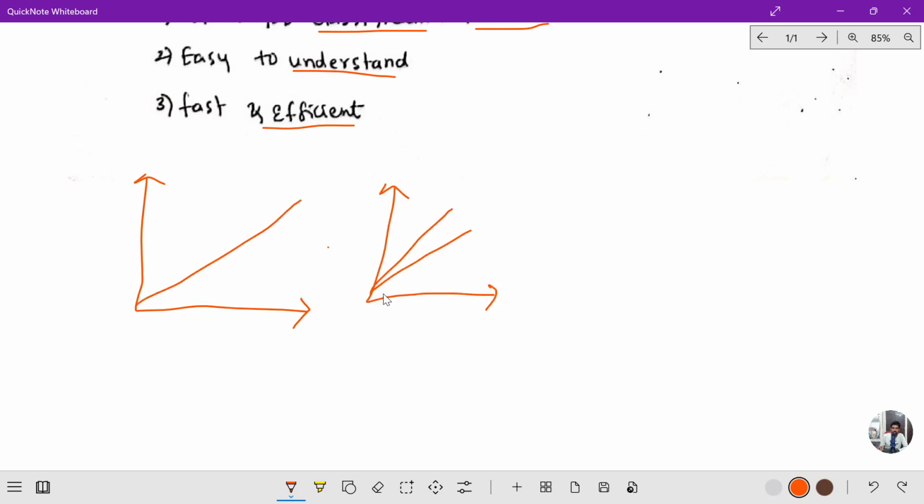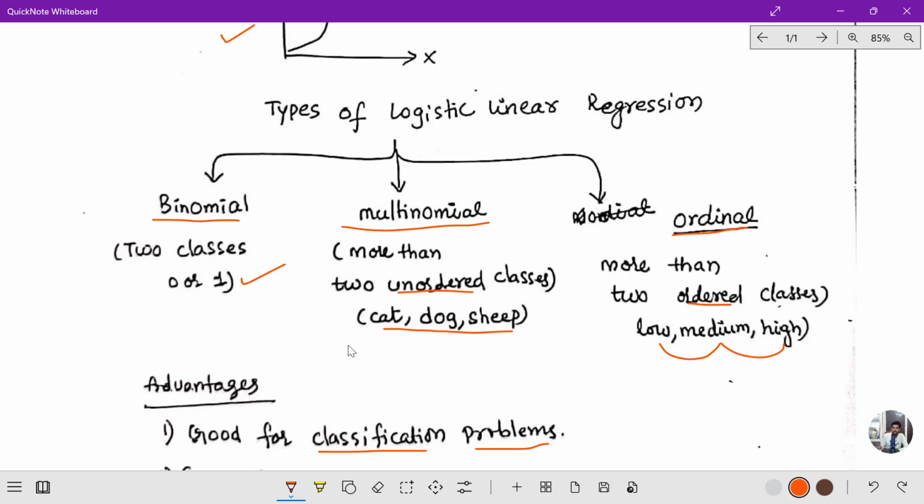Third one is polynomial, in which we are going to have some curve. This is called polynomial regression. And the last one uses something like a sigmoid. You can observe here, this is the sigmoid curve. So this is all about the linear regression models.